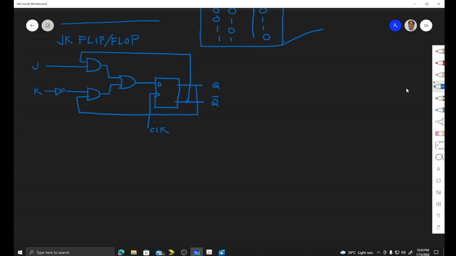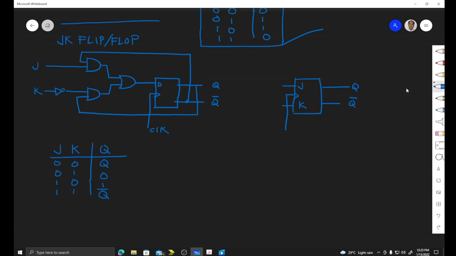We have inputs J and K, then our state Q. For input 0, 0 we have our present state Q. For J equals 0 and K equals 1, we have 0. J equals 1 and K equals 0 gives 1. And 1, 1 gives us Q complement. This is the block diagram for our JK flip-flop, with JK inputs and the output Q and Q not.